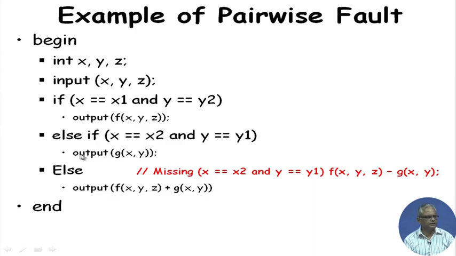Because he has missed this, for x equal to x1 and y equal to y2, the problem would occur. So, the programmer might either forget one of the if clauses, or write something wrong in the action part of the if clause. In that case, only when those specific settings are given would it cause the problem.